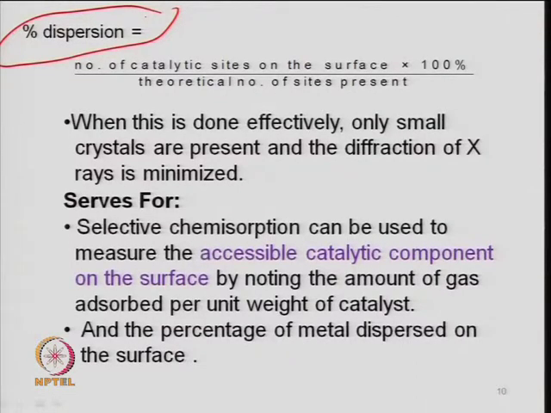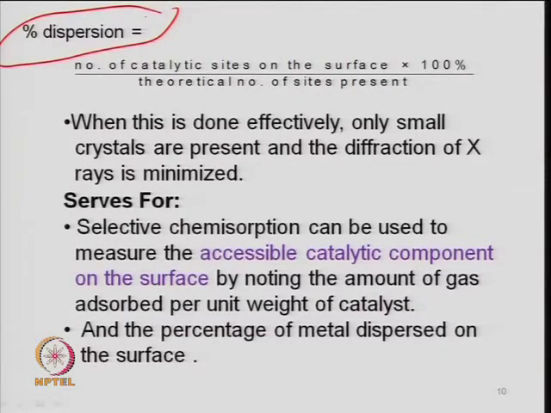So, you know what should theoretically be present, and it should also be confirmed by some characterization method like atomic absorption spectroscopy or the inductively coupled plasma ICP technique. That will give you the actual amount of the metal which is present on the catalyst. So, one is from your initial calculation, but during the heat treatment there may be some loss.